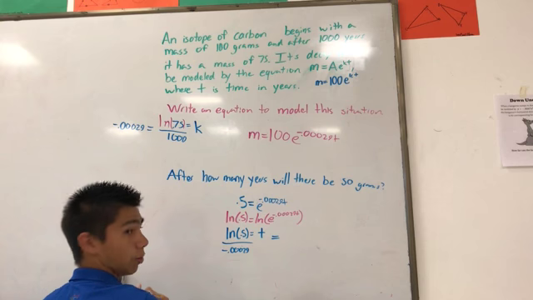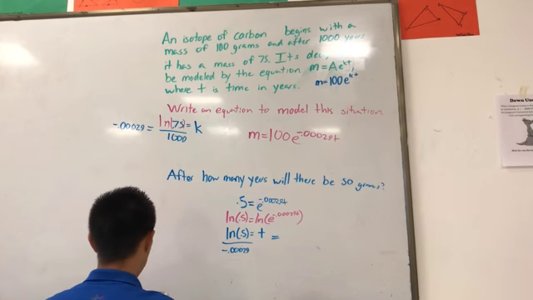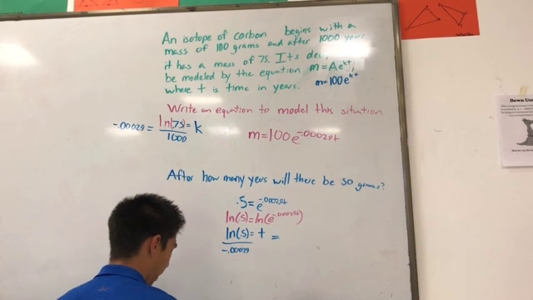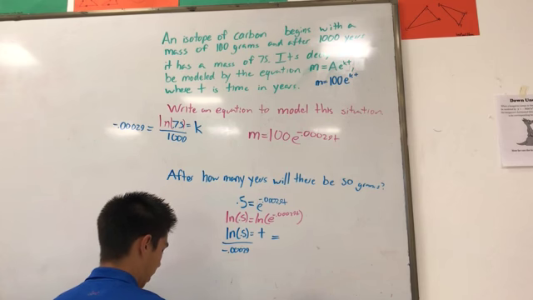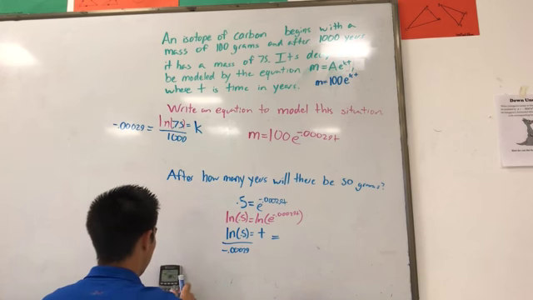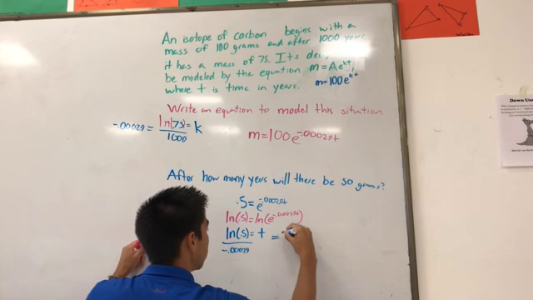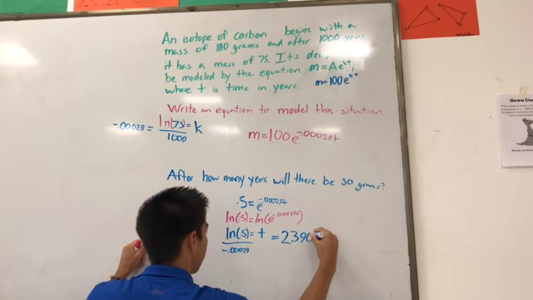When we put this into our calculator, ln of 0.5 divided by negative 0.00029 gives us 2,390.16.